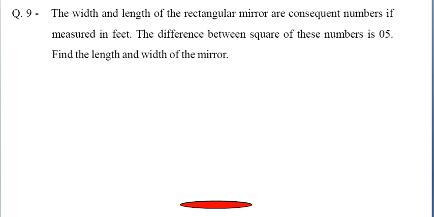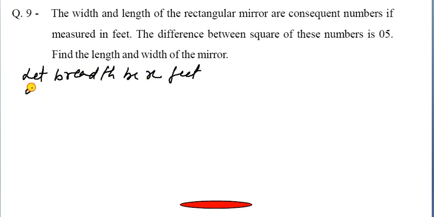Let us start this question. Once again, the width and length of the rectangular mirror are consecutive numbers. Let the breadth be x feet and the length be x plus 1 feet.